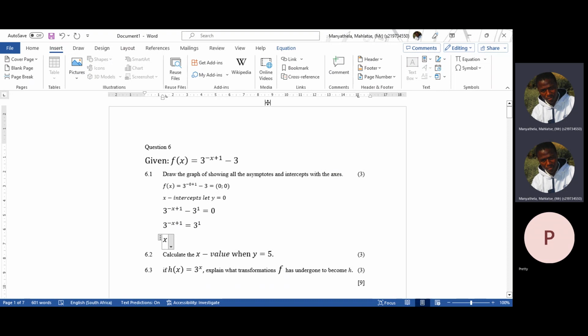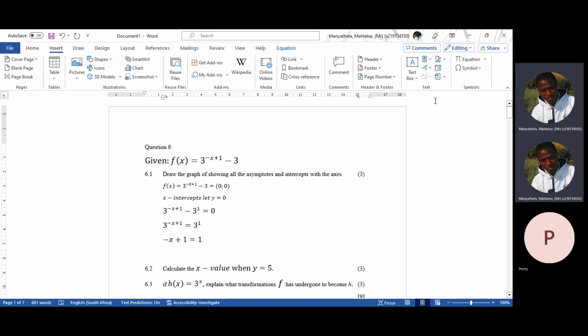Because we have the same bases, we equate the exponents. So negative x plus 1 equal to 1. And then let's transpose positive 1 to the right hand side. When it crosses the equal sign, it becomes negative. So negative x equal to 1 minus 1.